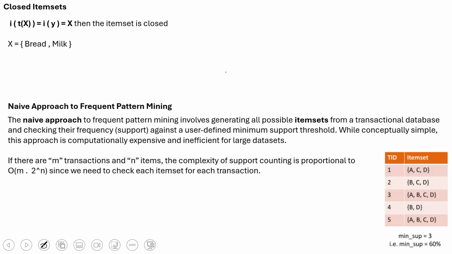And now you want to understand what a closed item set is. An item set is called closed if it satisfies the condition that is given here.